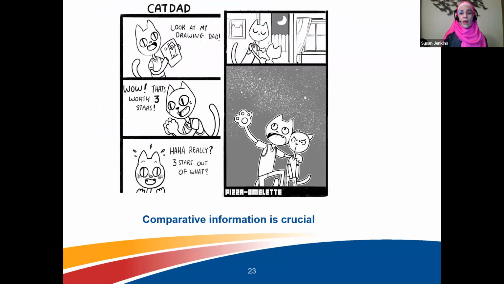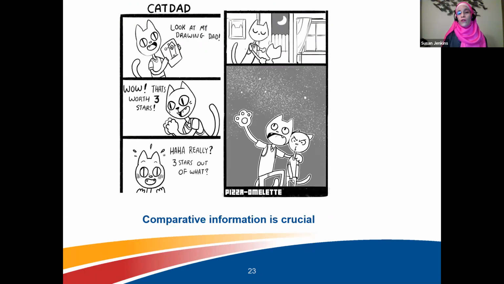Next slide. It's always important to have that comparative information. And so the baseline data can be our comparative information. Looking at this cartoon, the little cat comes in and says, I drew this picture. The father, dad cat says, that's great, I give you 3 stars. Well, is 3 stars good or bad? If it's 3 stars out of 3 stars, it's excellent.